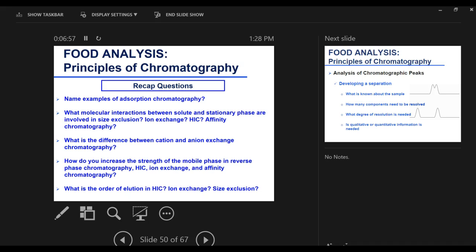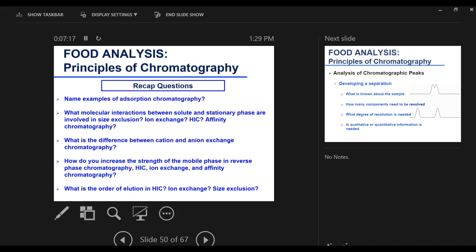And these interactions could be hydrogen bonding, electrostatic interaction, hydrophobic interaction, van der Waals interaction. So any type of molecular interaction can occur in affinity, they are very specific, but no covalent interaction.